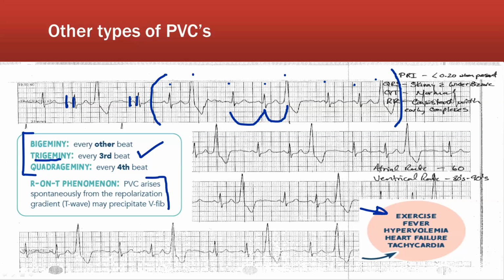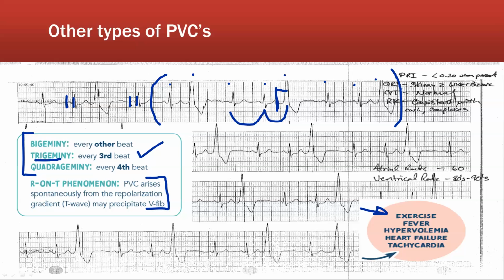This does put you at a significant higher risk for R-on-T than just having benign ectopy happen randomly. Because as this pushes closer and closer, if it were to happen somewhere around there, we talked about that relative refractory period.